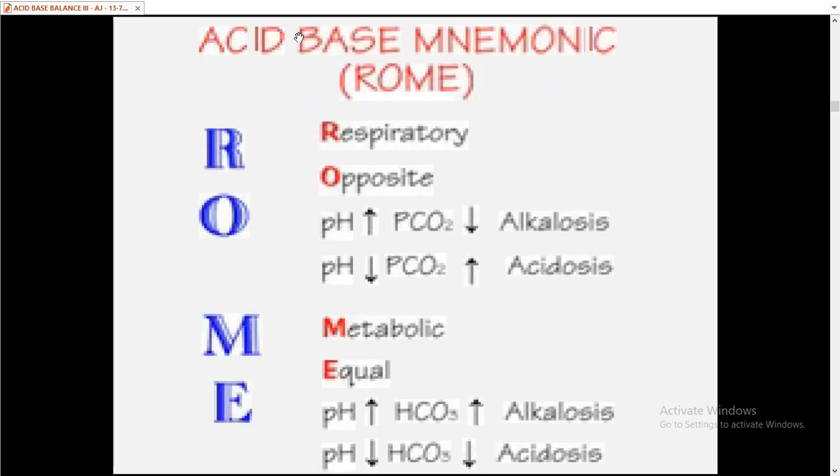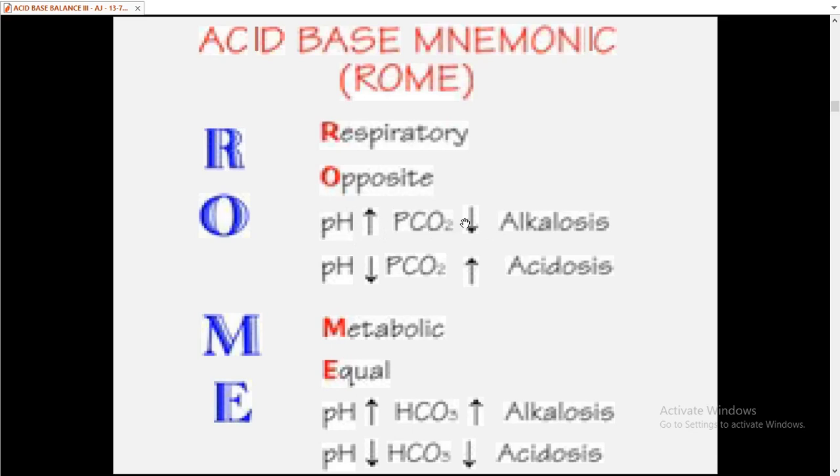We can remember this metabolic disturbance by the mnemonic ROME. R represents respiratory and O represents opposite. M represents metabolic and E represents equal. You can see here in respiratory, whether it's acidosis or alkalosis, pH and carbon dioxide will go in opposite direction.